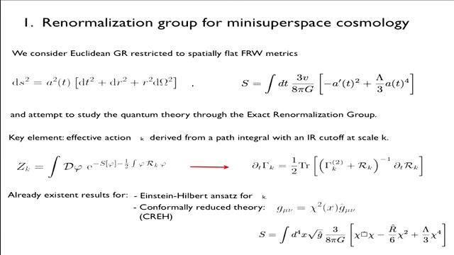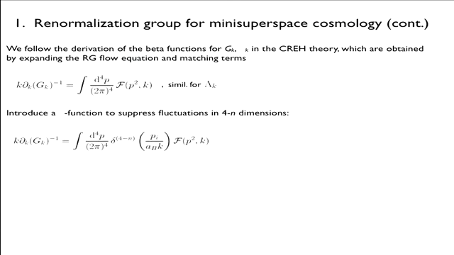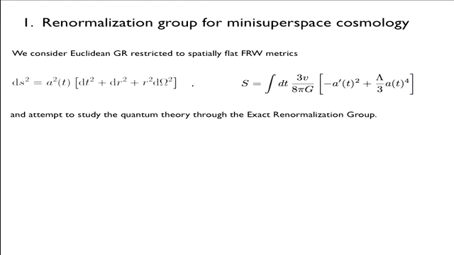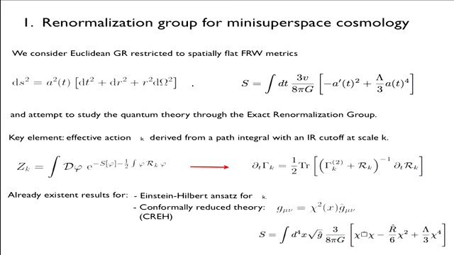Okay, so the procedure that we use is that when you put this kind of action into this flow equation and compute this thing, you get some traces, which are integrals over momentum space, to compute these beta functions.